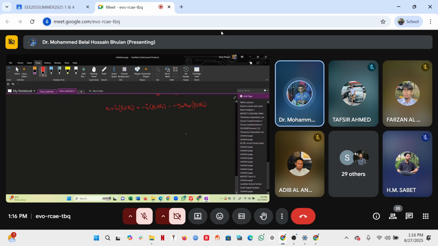So I have got all the expressions. The final expression is what is the gain AV? V naught over VI.